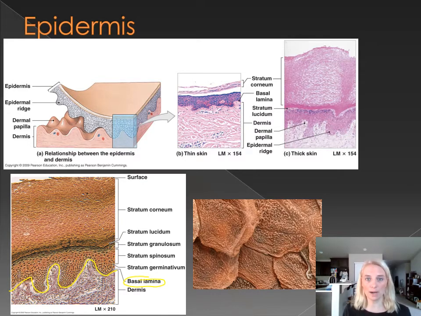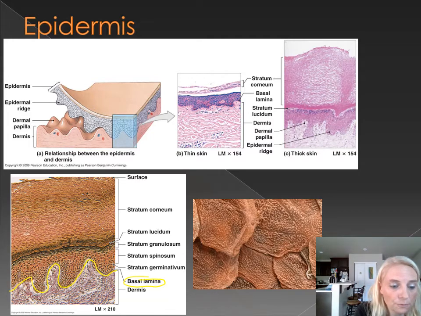You can go back to our desmosomes and hemidesmosomes, helping to hold that bottommost epithelial cell to the basal lamina, the clear layer and the dense layer. That's the basal lamina, the attachment point of your epithelial cells. It delineates or separates the epithelial tissue above, superficially, from the connective tissue deep. So the basement membrane is that divider between connective tissue and epithelial tissue.